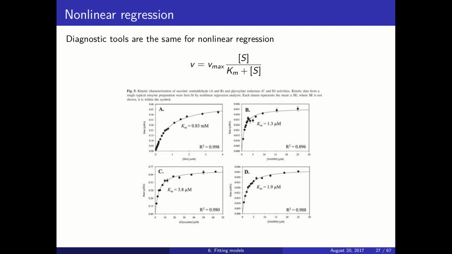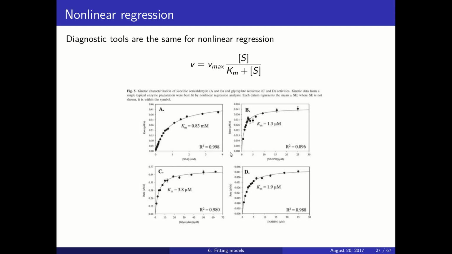And this r squared and all the tools that we have seen so far, like the analysis of the residuals, the leverage, the Cook's D, and so on, they can all be applied to nonlinear regression too. So if we have a nonlinear regression like this one, where we are regressing the speed at which a chemical reaction is taking place, that is v.